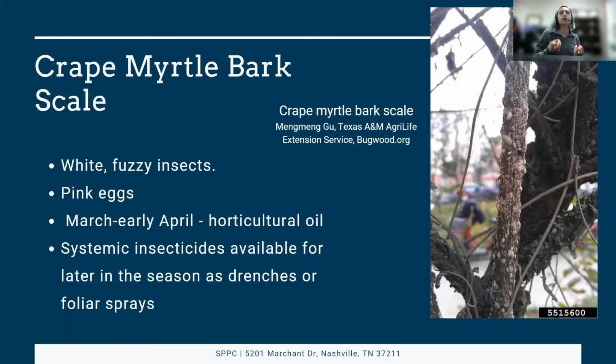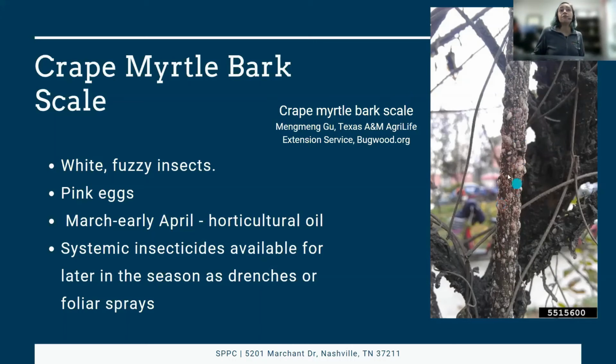They produce a lot of sticky excretion called honeydew that then fungus will grow on. When we have these really heavy foliar and bark insect pests, that honeydew covered by fungus can sometimes coat the leaves, and that can eventually lead to plant death if the leaves are covered and no photosynthesis is happening.